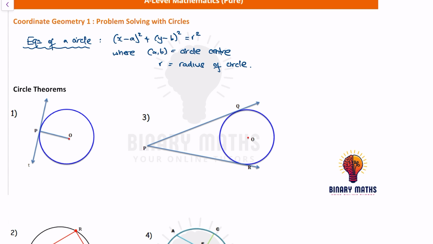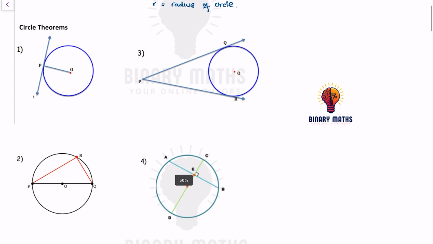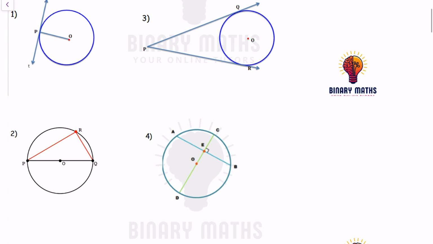Okay, now there's some circle theorems you'll need for these problem solving questions. So I will go through each of these. The first one is the angle between a tangent and a radius in a circle is always equal to 90 degrees.